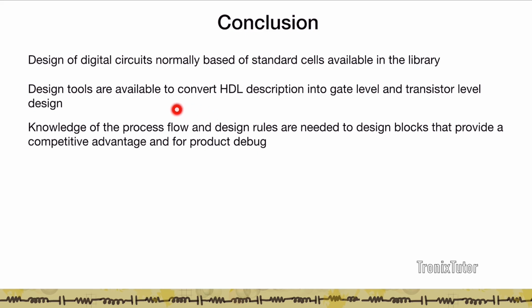However, you need the knowledge of the process from design rules if you want to design any blocks, especially custom design blocks that provide competitive advantage over the others. So understanding the process flow, understanding design rules, and understanding what design rules can be modified or relaxed will provide another competitive advantage for you.